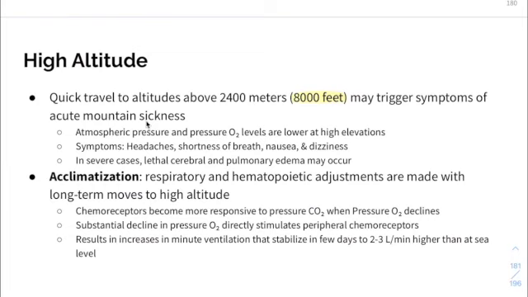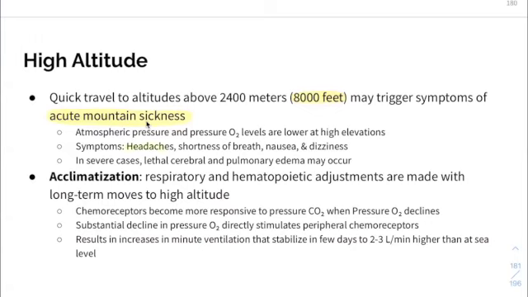You're coming straight from flat Illinois. It can cause what is called acute mountain sickness because you're going from atmospheric pressure of where we live here in Illinois to atmospheric pressure of at least 8,000 feet up higher. That's a big difference.